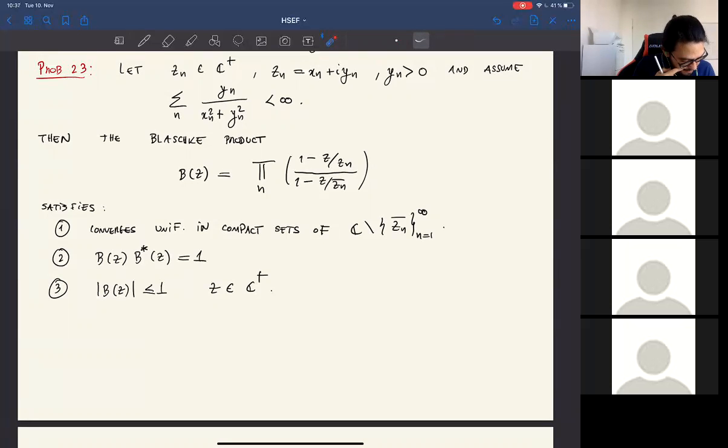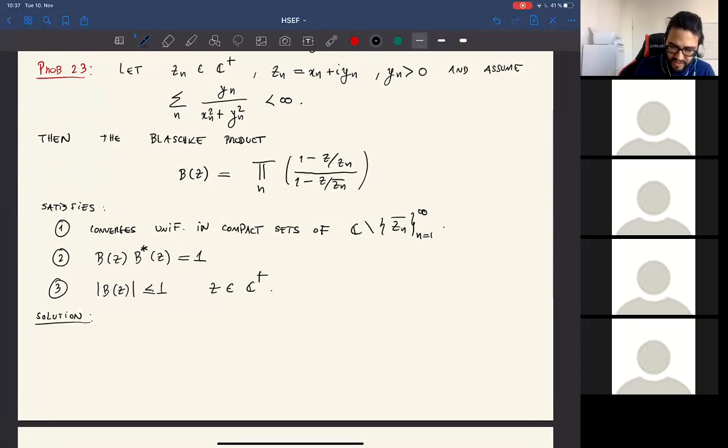Okay, so let me prove this problem. Let me show first 2 and 3. These are the easier ones.